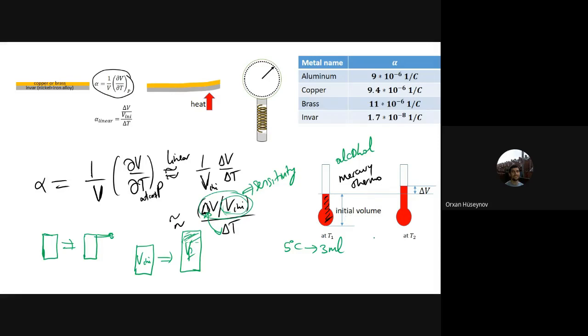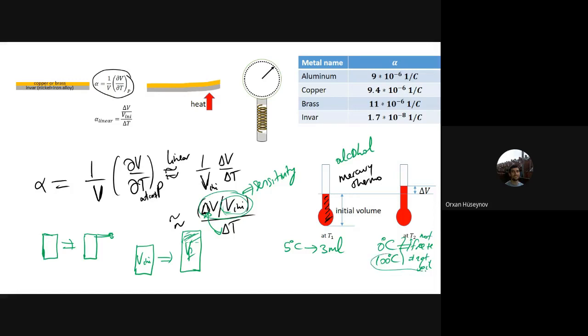And another property for these temperature measuring devices is that you have to have a material substance that doesn't freeze at 0 degrees Celsius and doesn't boil at 100 degrees Celsius. So: not freeze, and not boil. It is true that we don't have a 100 degrees Celsius environment most of the time.